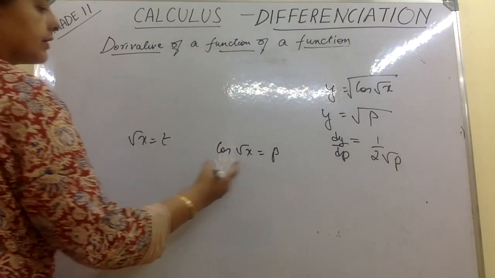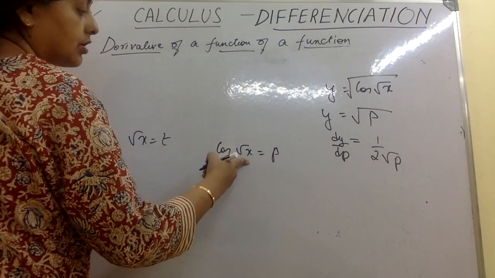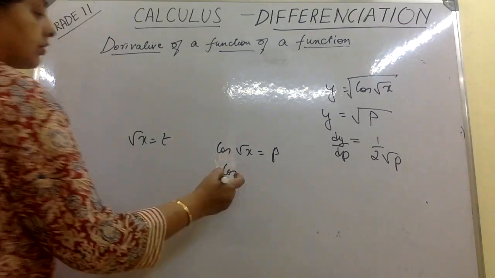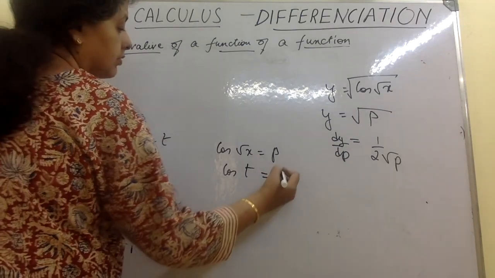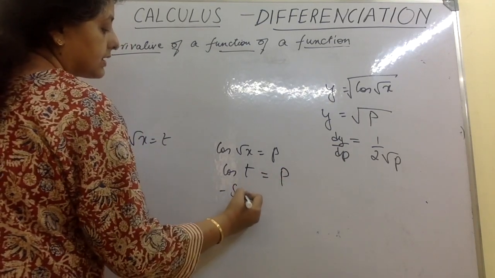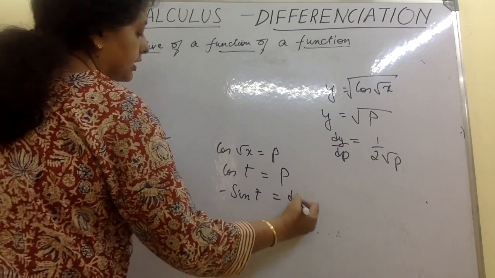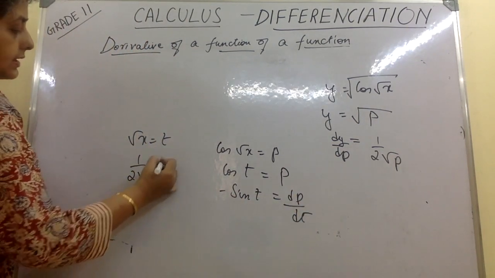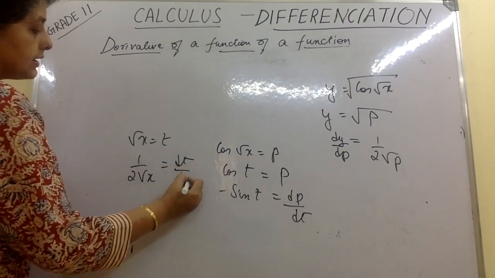Okay, here this is also not enough. Let's say cos t is equal to p. So minus sin t is equal to dp by dt. Here 1 by 2 root x is equal to dt by dx.